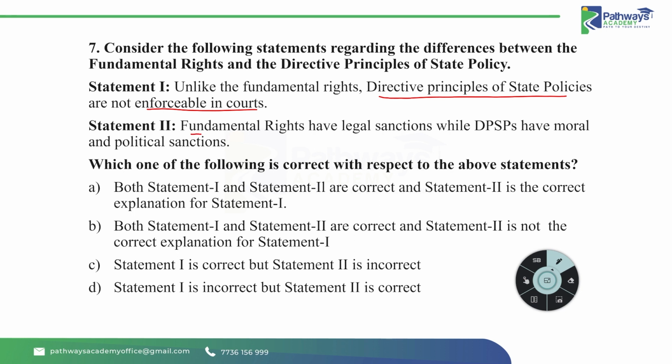Statement number two says, fundamental rights have legal sanctions while DPSPs have moral and political sanctions. Which one of the following is correct with respect to the above statements? So you have the options here.